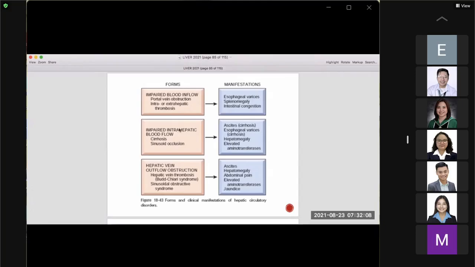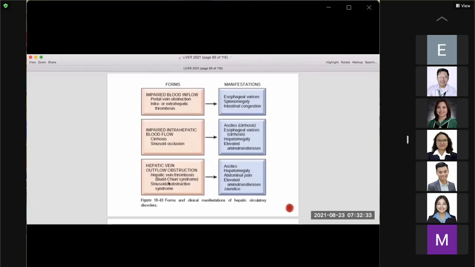Pagka intrahepatic blood flow naman, we get to see presence of cirrhosis and sinusoid occlusion. So patient will be manifesting with cirrhotic ascites, varices, hepatomegaly, and then of course elevation of liver enzymes, aminotransferases.